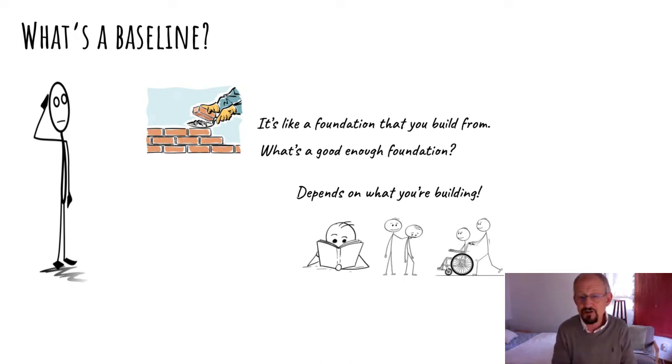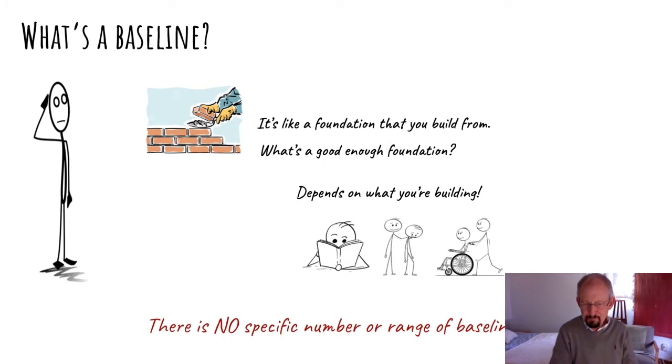So how far someone can move on their own as opposed to can they operate a wheelchair? So depending on the kind of data I'm looking to collect, my baseline is going to vary. And that's why we can't say, just collect 5 samples and you'll be good enough, right?